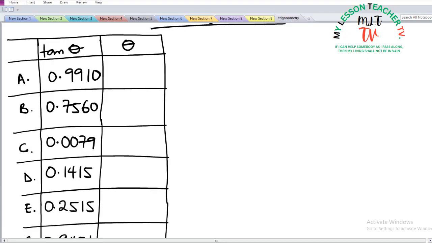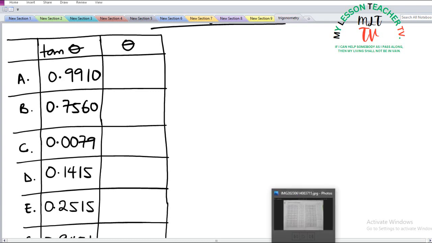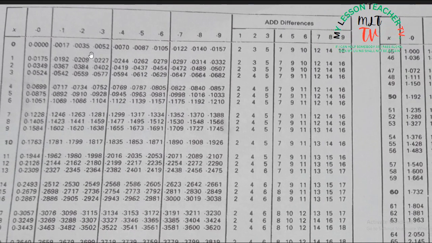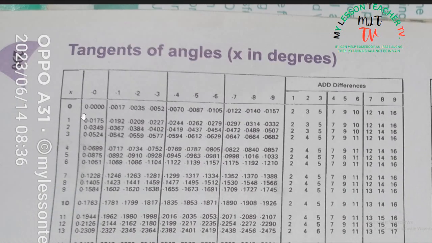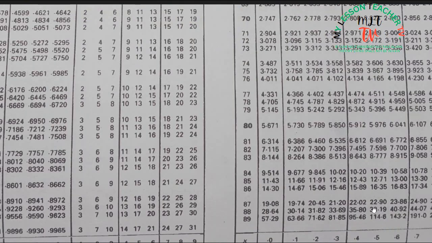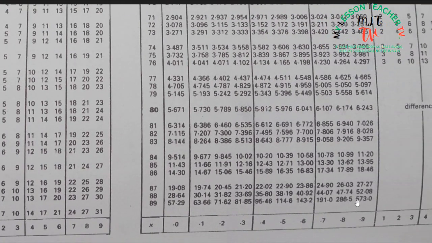So the first on our list is 0.9910. If you look at the values of tan theta, tan 0 is 0.0000, and when you get to tan 90, it goes to a high value, 573.0.